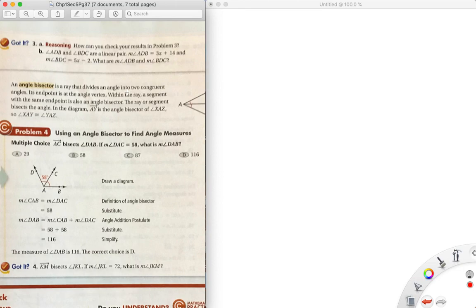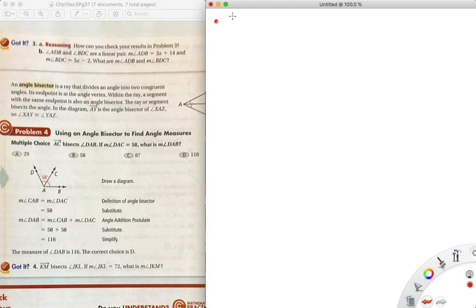It says, how can you check the results in problem 3? I don't care about that. So they tell me for part B, angle ABD and angle BDC are a linear pair.